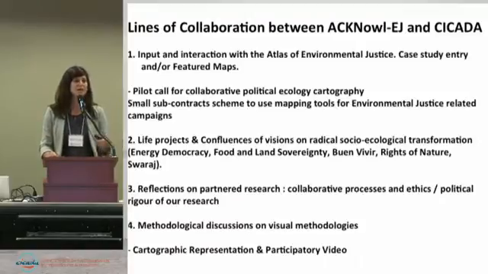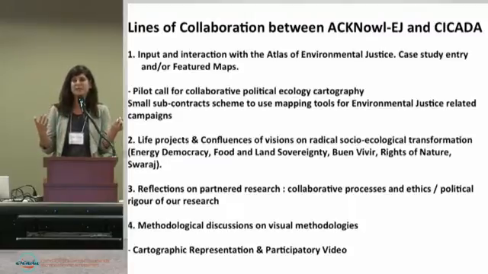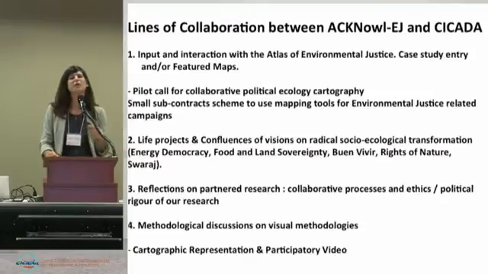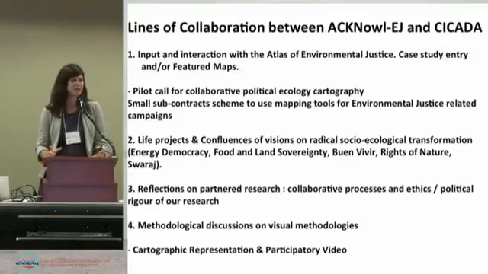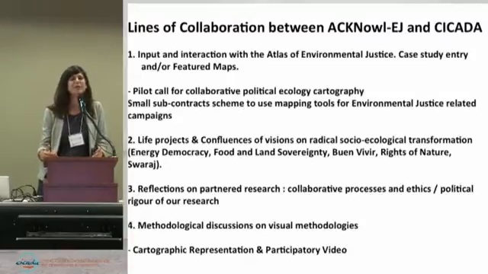More joint work on our work on confluences of life projects and radical socio-ecological alternatives. And as we mentioned yesterday, within our project we also have an axis working on the collaborative methodology and understanding, coming up with processes of ethics, and also different ways to understand what I like to call, following June Borras, how do we know the political rigor of the work?